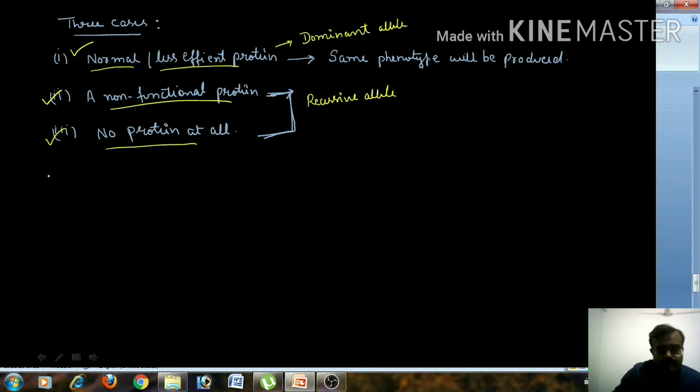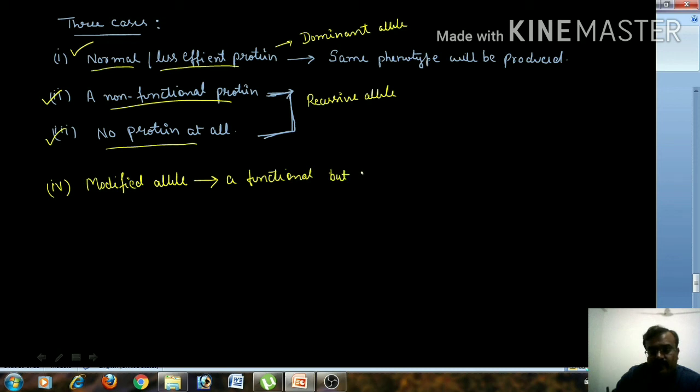Now let's see another case where the modified allele produces a functional but altered product.